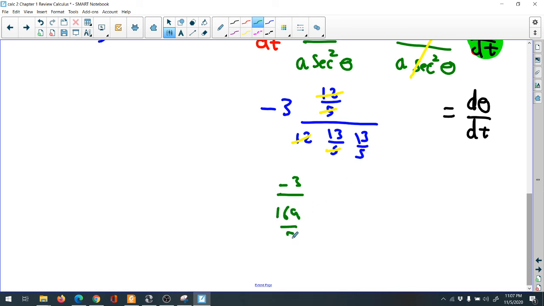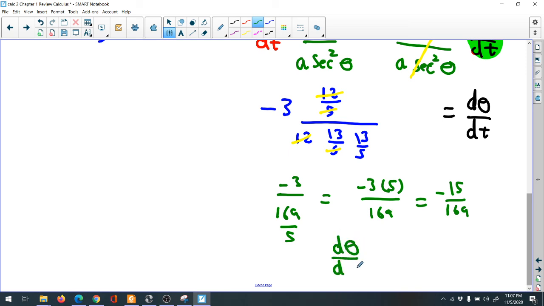Dividing also by 5, you flip the 5 to be negative 3 times 5 over 169, which is negative 15 over 169 rad. If you want to convert it to decimal places, that's fine. So the change of angle theta with respect to the time equals negative 15 over 169.